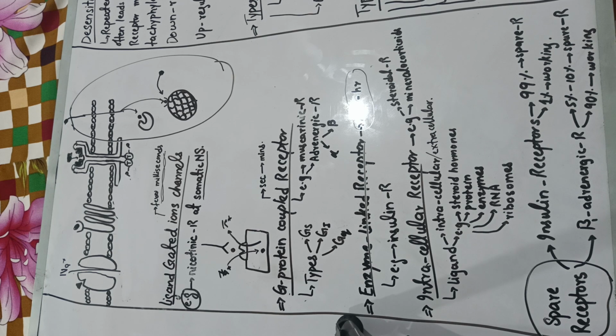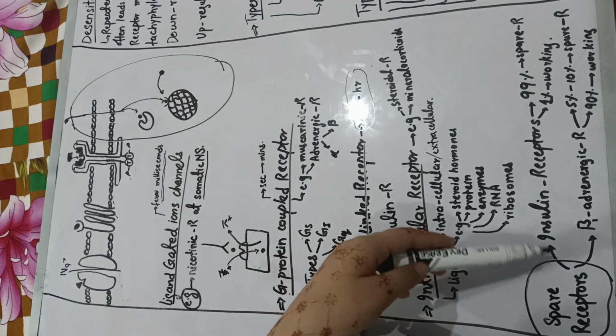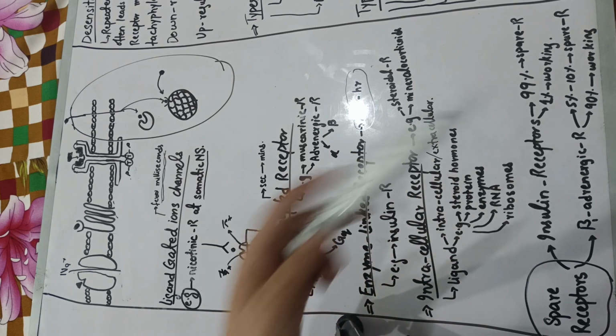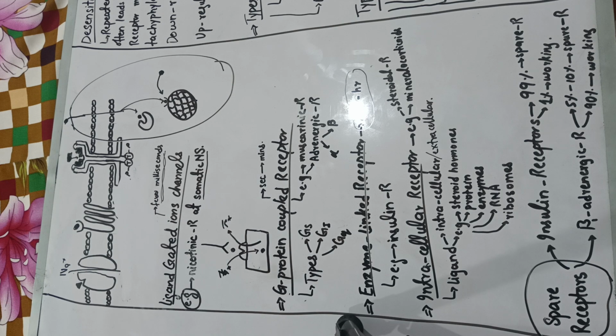An example is given of insulin receptors. What is the function of insulin? Insulin is released whenever the concentration of glucose increases inside our body. It controls the concentration of glucose, decreasing it in our body.